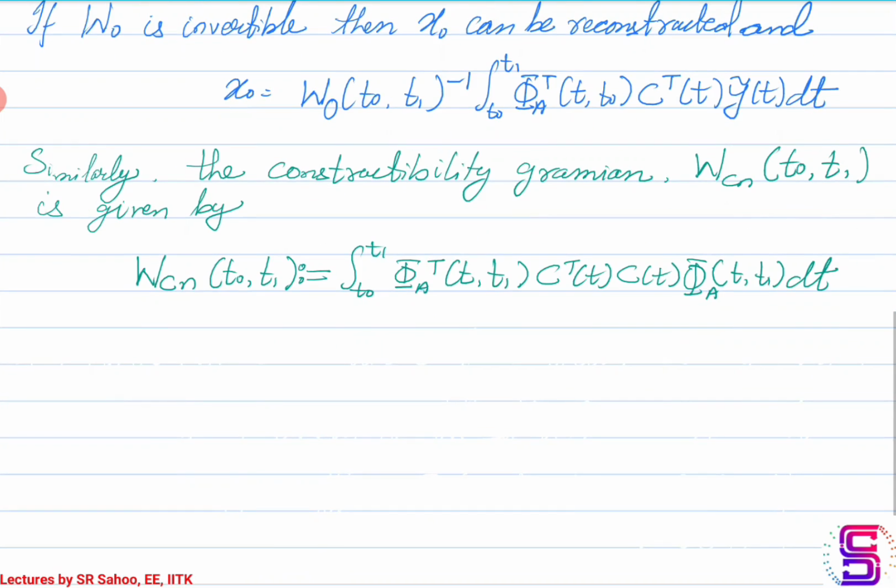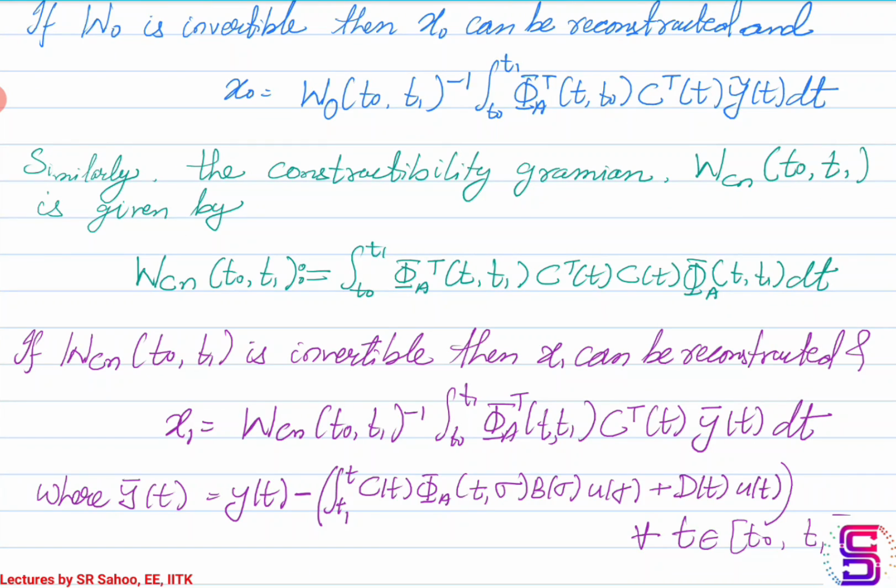Now this is the constructibility gramian, and if the constructibility gramian is invertible, then x1 can be reconstructed as shown here, where y bar essentially contains the information about the output y and the input u, provided x of t1 was x1. This brings us to two things.